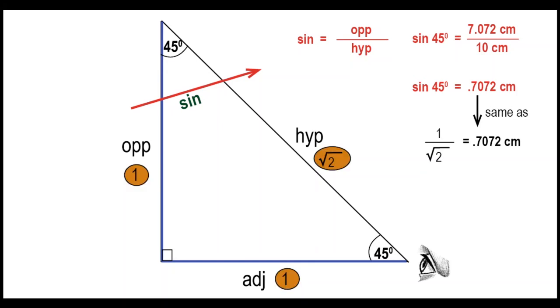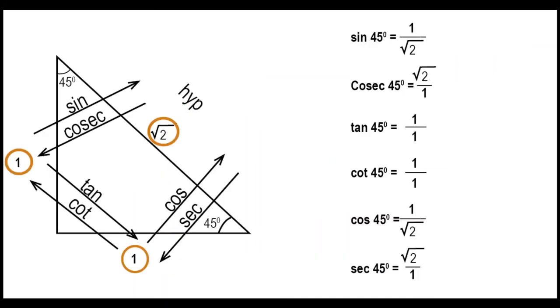Now we have all the three sides ratio 1, 1 and root 2. When we visualize these ratios in our mind as a picture, the answers for sine 45 degree, cosec 45 degree, etc. are just a child's play. We can answer them on the spot.